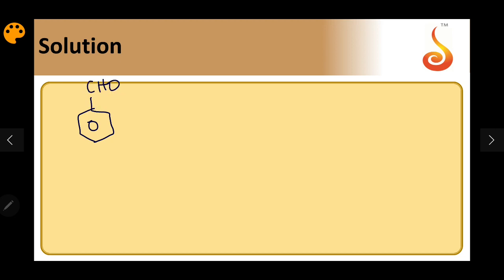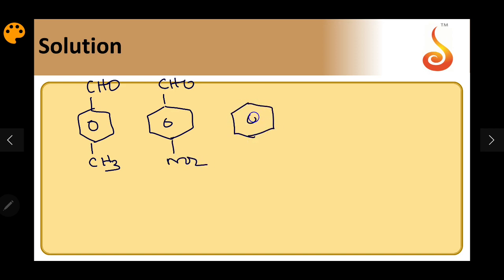So, in the first one we have a methyl group. In the second one I have an NO2 group. In the third one I have an OH group, and in the fourth one I have two groups.